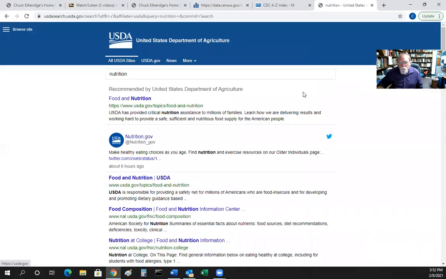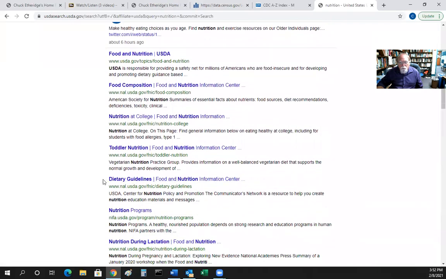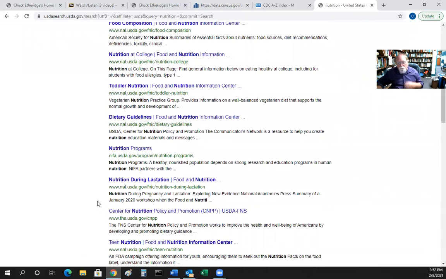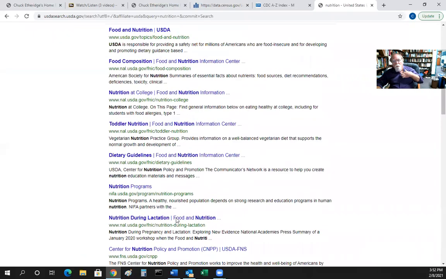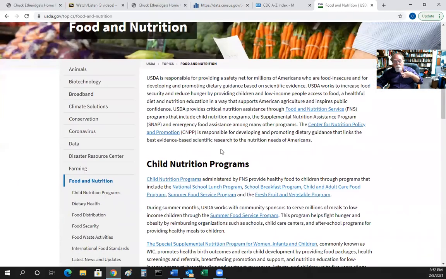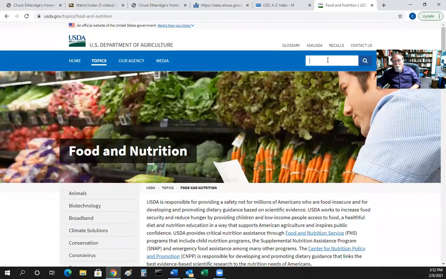Let's just look at nutrition in general. Food nutrition, nutrition college, toddler nutrition, dietary guidelines, nutrition programs, Center for Nutrition Programs. We have a lot of sources that we can look at as well. Child nutrition programs. I want to look at the word micronutrition.